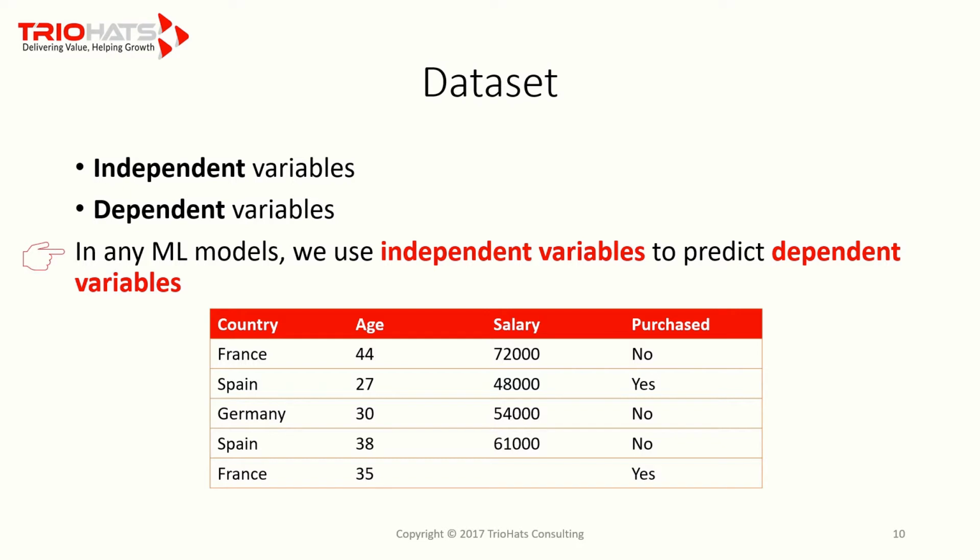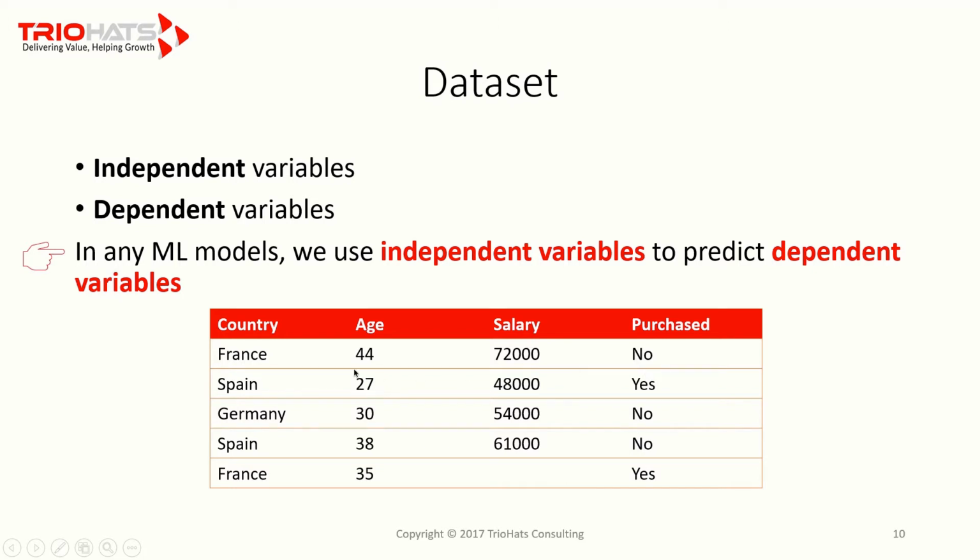So based on a person's age and his salary, we can predict if he will buy a car or not, right? So this is an actual data set. This is not predicted data. So based on the previous data set, we can see that the person having age 44 and salary 72,000 did not purchase the car.